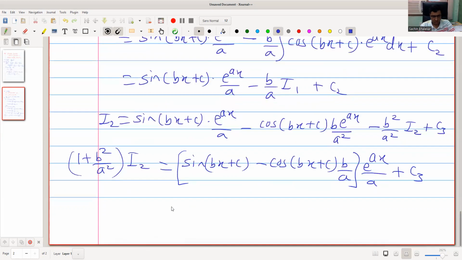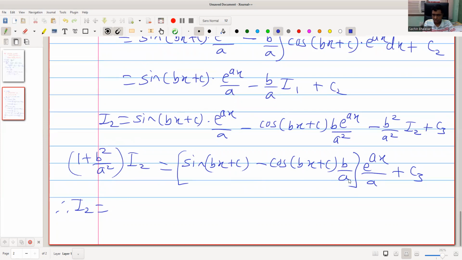Okay. Now we divide this equation by this term 1 plus b square by a square. This is nothing but a square plus b square upon a square. Okay, so we get I2 equal to, so here we are multiplying by a square upon a square plus b square.